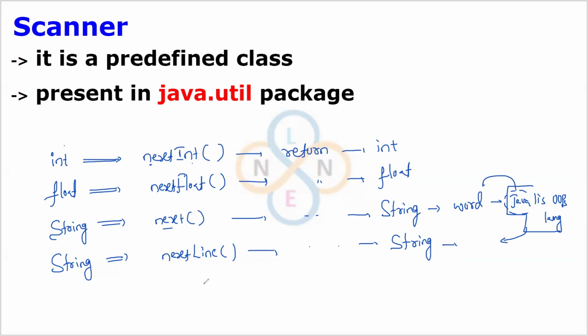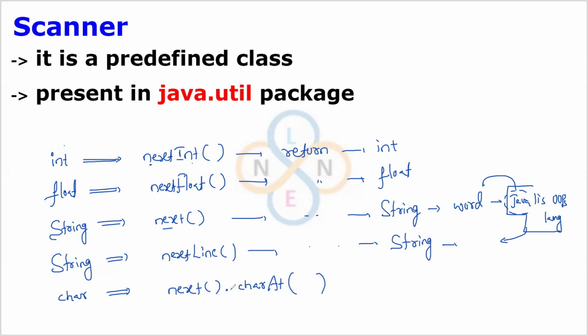Like this, we have various methods. How to read a character? To read a character, first we have to use the next method, which gives a string in word format. Then, with a dot, we have another method called charAt, and we have to give one integer input as an index.